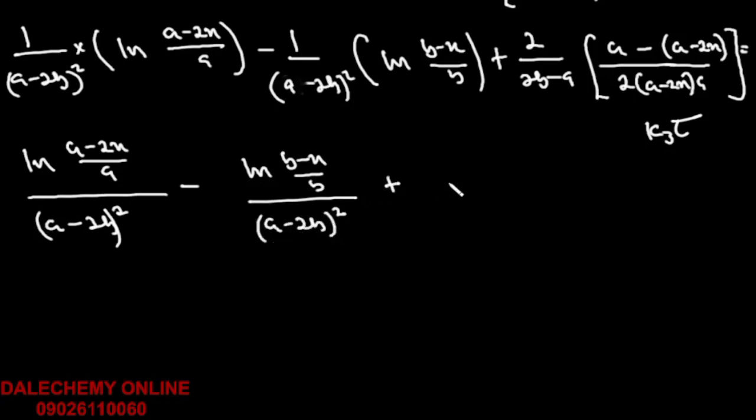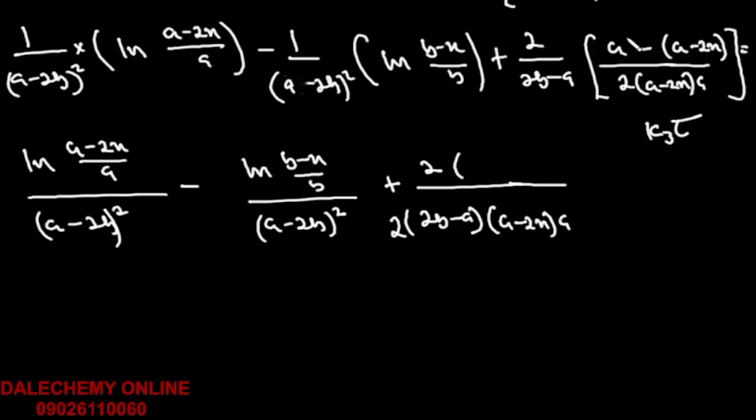Then plus, we now have 2 over (2b minus a), then times the denominator of this one, which will be 2(a minus 2x), then times a as well, then times, now this becomes a minus a plus 2x, so this will be 0 plus 2x, that will be 2x, then equal to k3t.